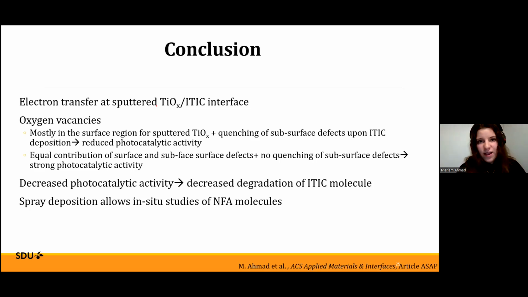Another important result from this study is that we were successfully able to deposit ITIC in situ by spray deposition. So we were able to measure an in situ prepared interface that is not affected by the surrounding environment.